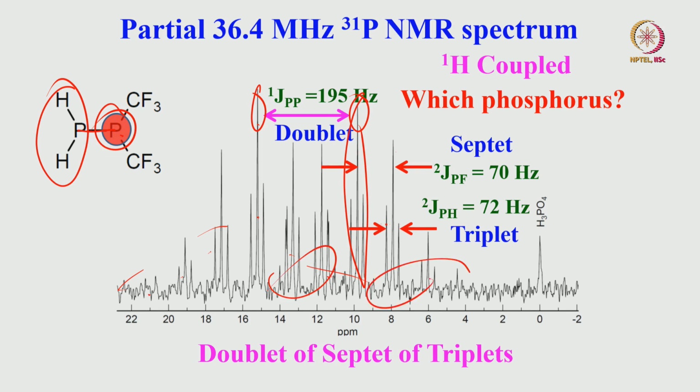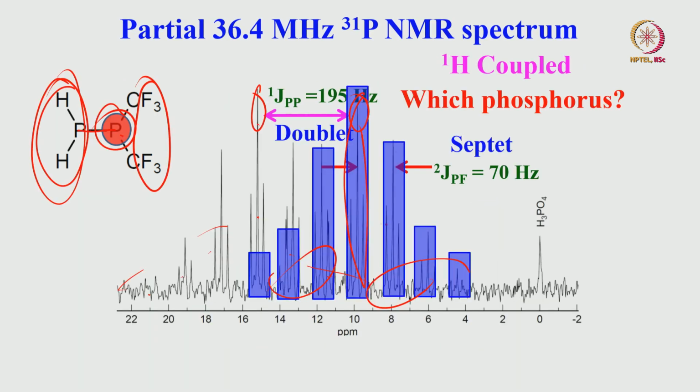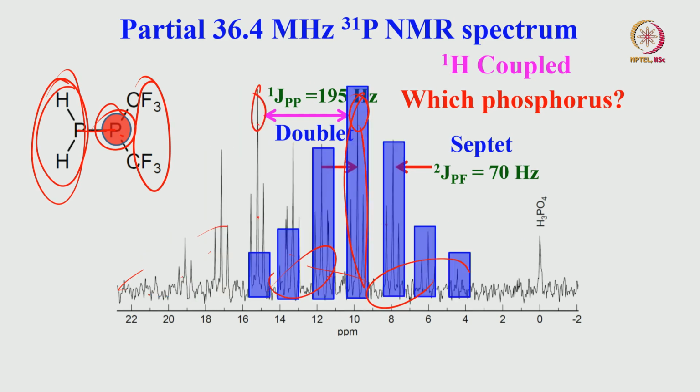This septet is coming because of these 2 CF3 groups. That is not all. Each of the septets is split further by the PH2 group, that is a triplet. So, it is going to be a septet of triplets. So, each doublet is going to be a septet of triplets. So, there are 2 such things. As I said, this is one septet of triplets, this is another septet of triplets.